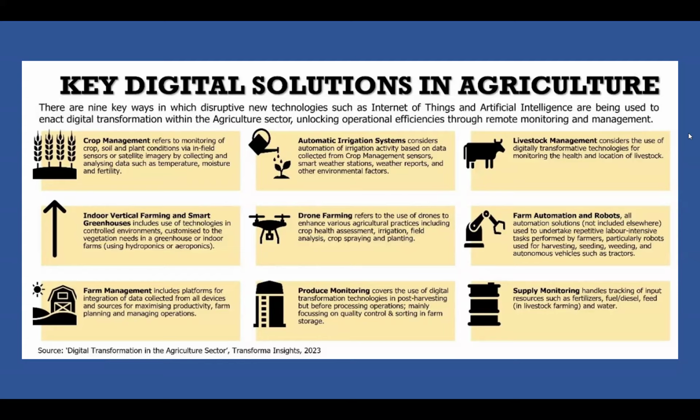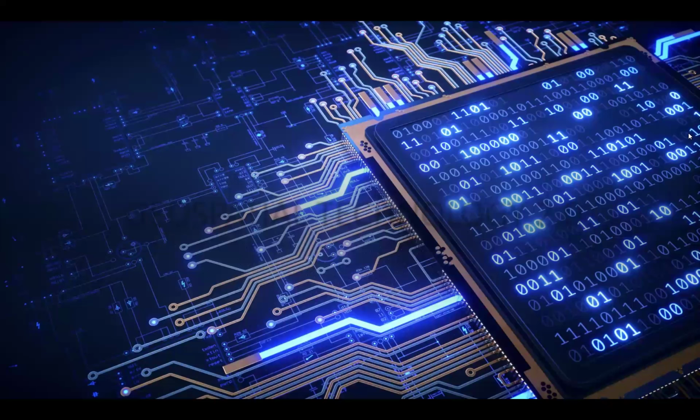Produce monitoring, supply monitoring: how from the farm gate it goes to the mandi or to the consumer level, to the retailers or the wholesalers, the supply can be monitored.